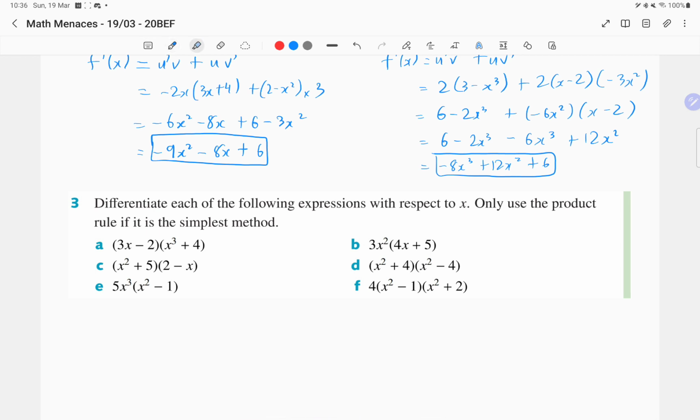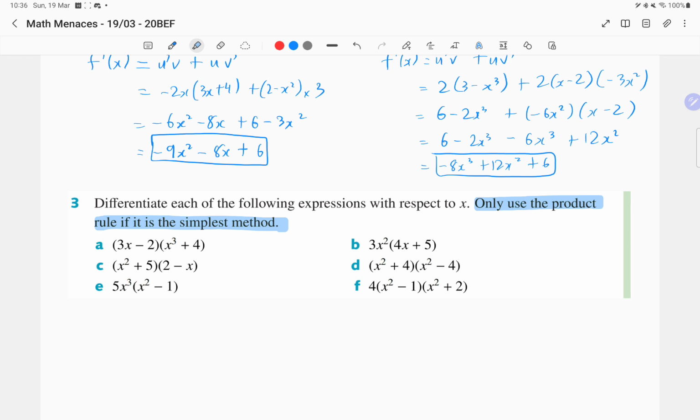The keyword here is differentiate, and only use the product rule if it is the simplest method. If you can think of a simpler method, then you can do that instead. Some of these questions will be easier to do without the product rule, and some will be easier using it.